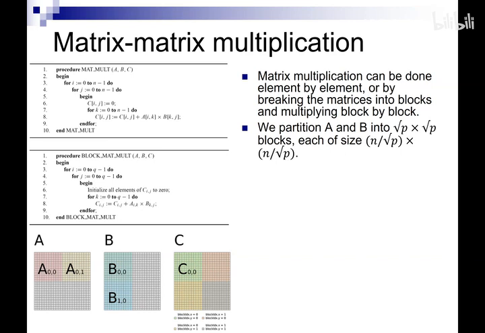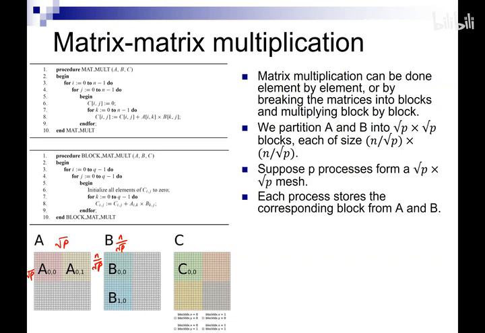The block size we're going to choose is this: we're going to have p processors arranged in a grid, root p by root p processors, and the blocks are going to have size n divided by root p times n divided by root p.